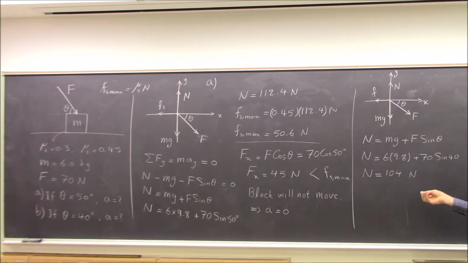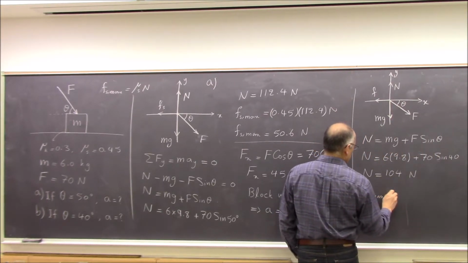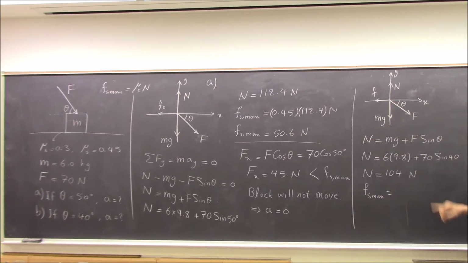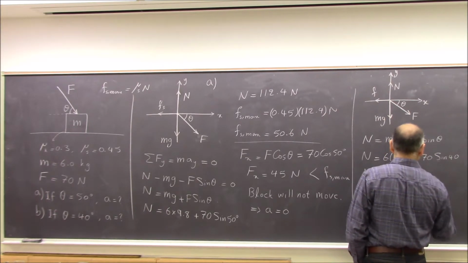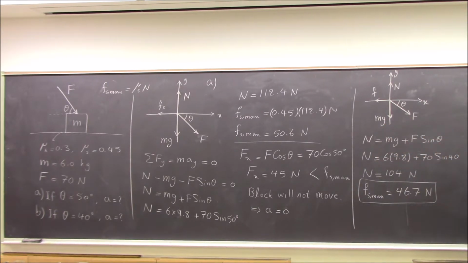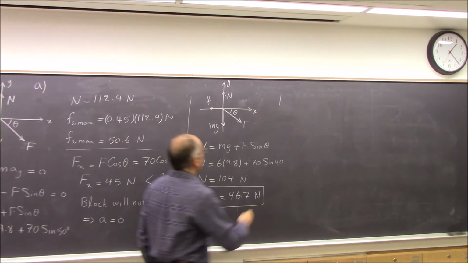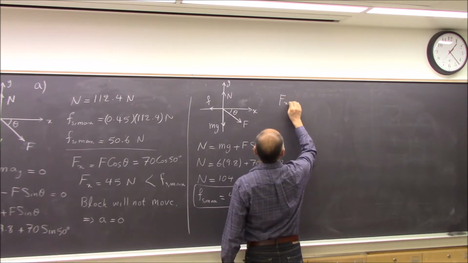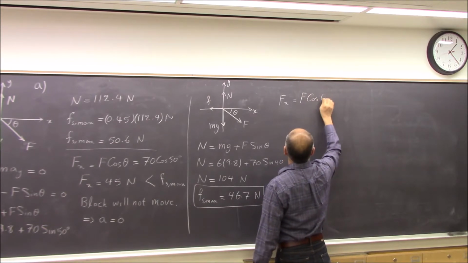And then what is the Fs max? With this normal force, we have a new Fs max. Multiply 0.45 by 104, which gives 46.7. So this is Fs max. Now, what is the x component of F that's trying to move it? Fx is F times cosine theta again.